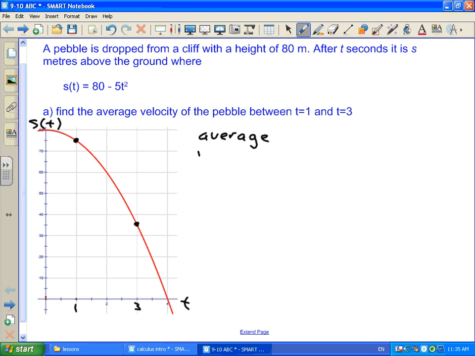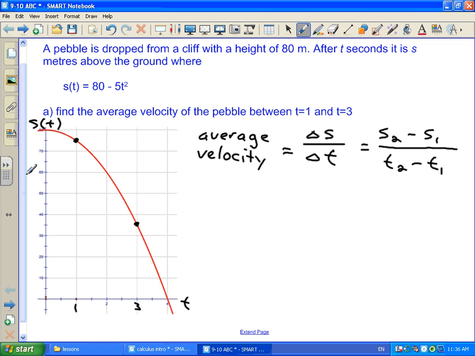You've probably done this kind of question a bunch of times before. How can we calculate average velocity? Well, what is velocity here? It's going to be the change in position over the change in time, or position 2 minus position 1 over time 2 minus time 1.